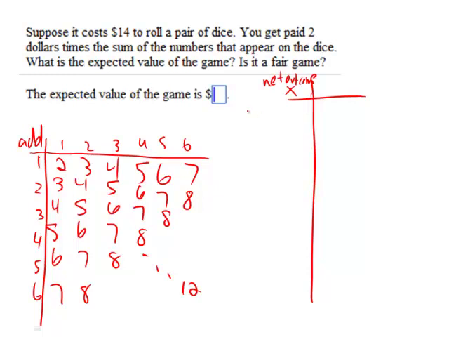The outcome would be double what the sum is. So if the sum is 2, you double that, and you get a 4. And that's how much money you're going to get back. You're going to pay $14 to start the game. Then they're going to give you some money back. But if your sum is 2, you're only getting $4 back.